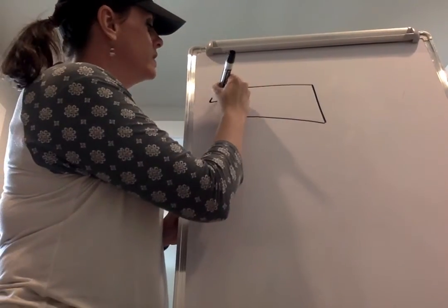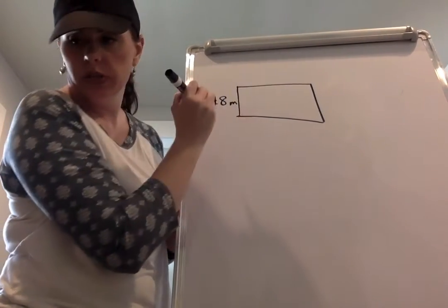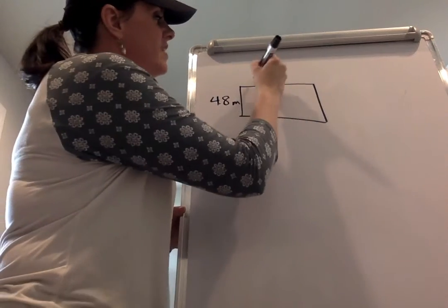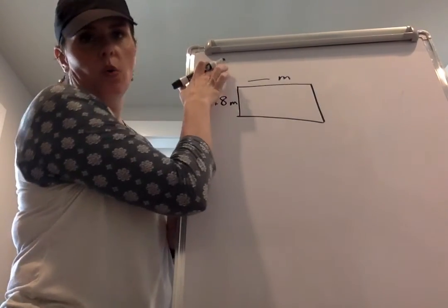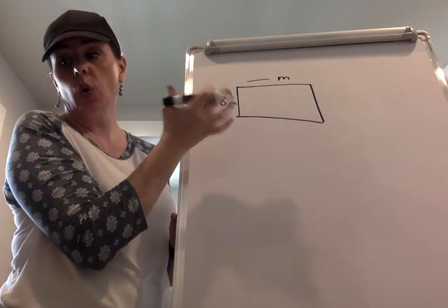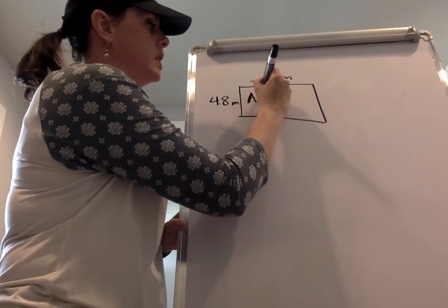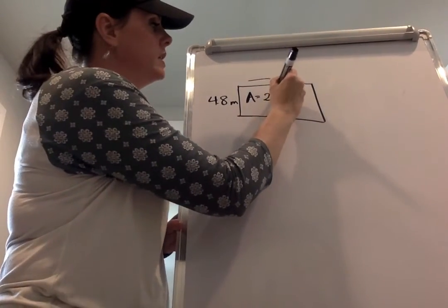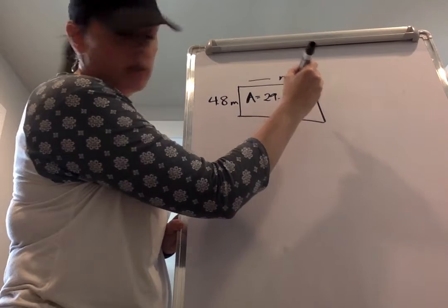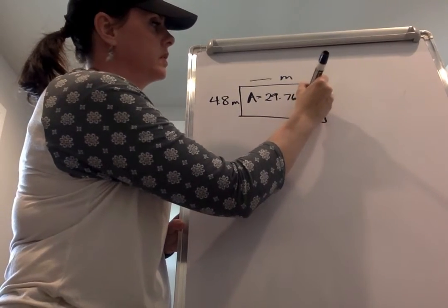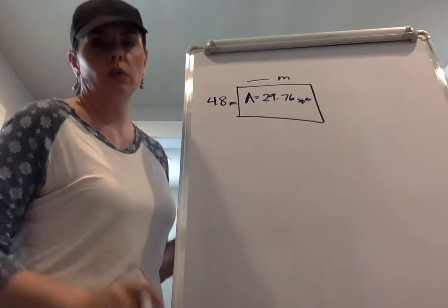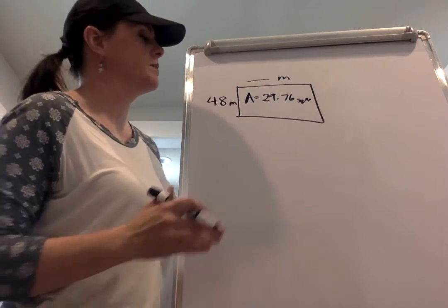It gives us one side, which is 4.8 meters. This side we don't know. And then it gives us the total area. So area equals 29.76 square meters. There we go. Okay, I know. Ooh, I hope this is big enough that you can see.